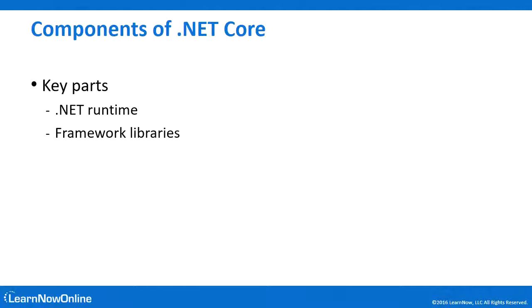And then another component is a set of framework libraries, which provide primitive data types and app composition types and fundamental utilities. And then there are a set of SDK tools and language compilers that enable basic development features. And these are available in the .NET Core SDK. And Roslyn, the .NET Platform Compiler, is what's key here.